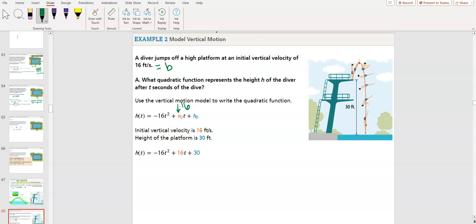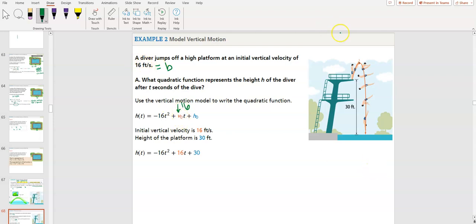What quadratic function represents the height h of a diver t seconds after the dive? So first we just have to write our function. We know the negative 16 is automatic there. That's given. It's just always the same for any vertical jump. We know B is 16 because it gives it to us up here.